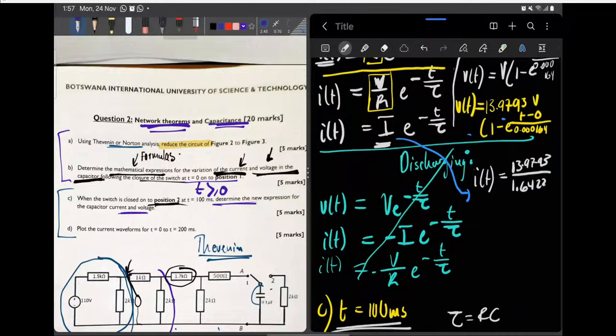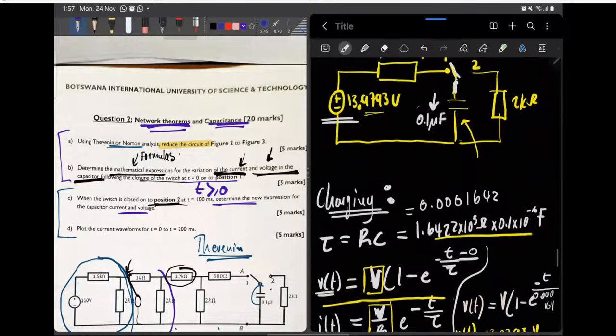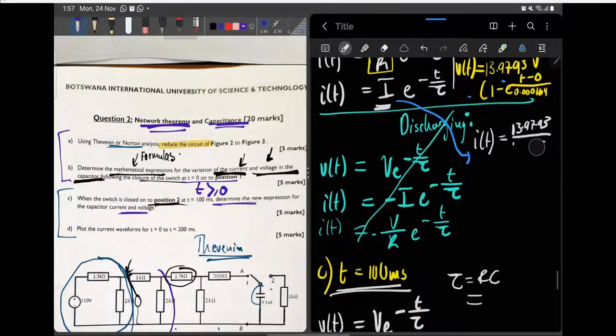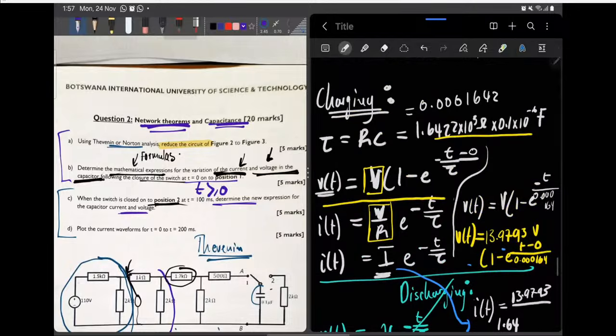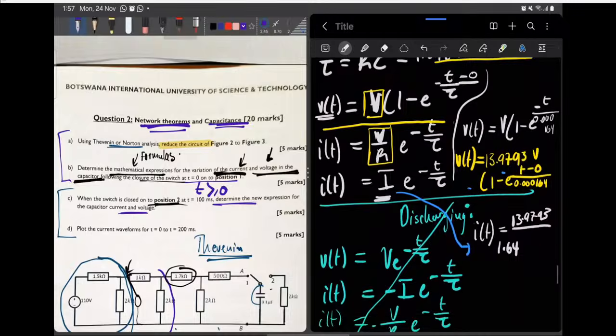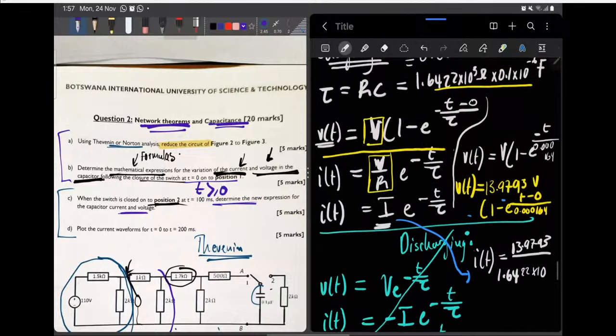Since it's 1.6422 kilo, it will be 1.6422 times 10 to the power 3, obviously, because it's kilo-ohms.